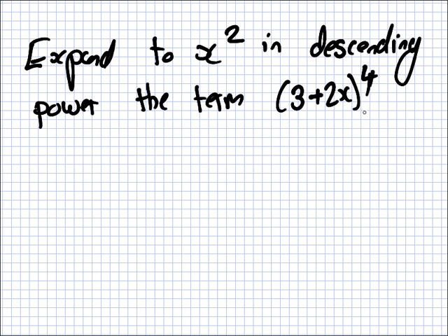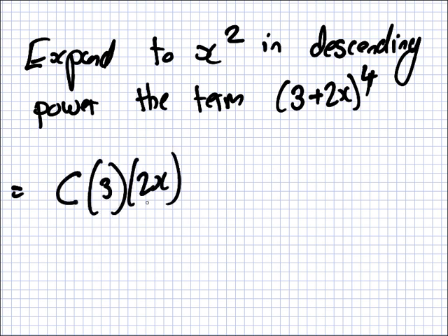So in this question here, I want you to expand, but I don't want you to expand the whole thing. I want you to stop once you get to x squared. So actually this is shorter than the previous examples because you stop as soon as you get to the x squared term. Okay? So let's have a look at this one. So straight away we know we're starting off with a c, a 3, and a 2x.